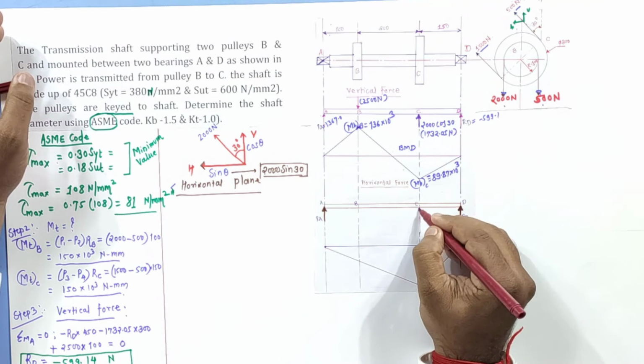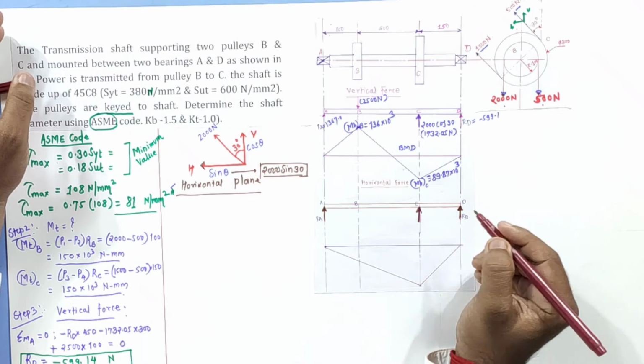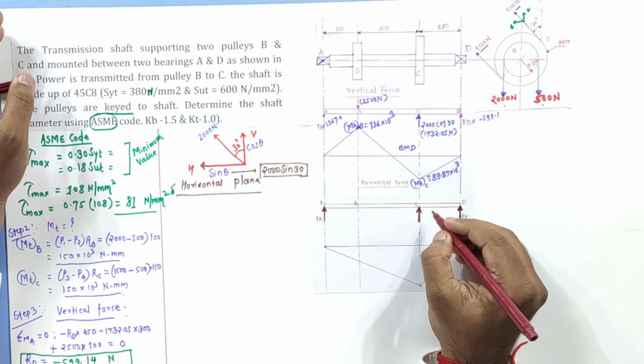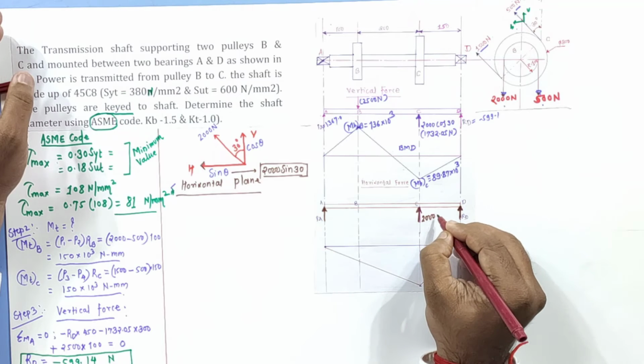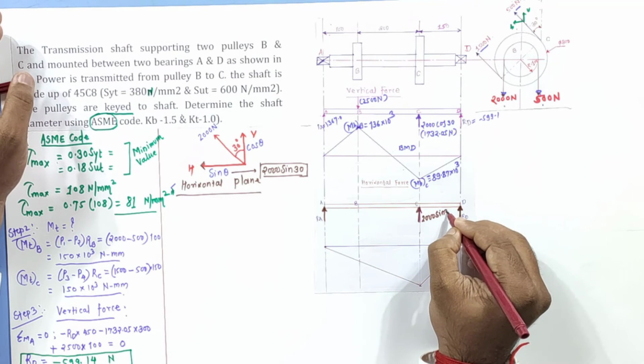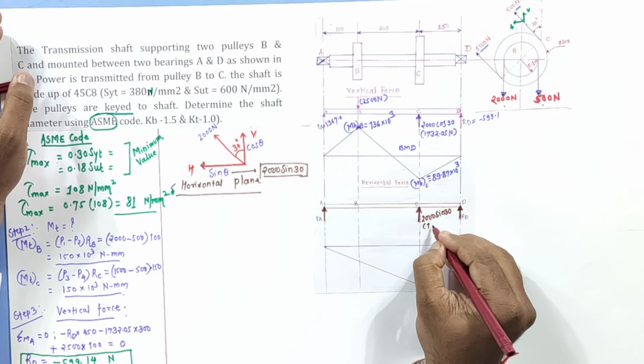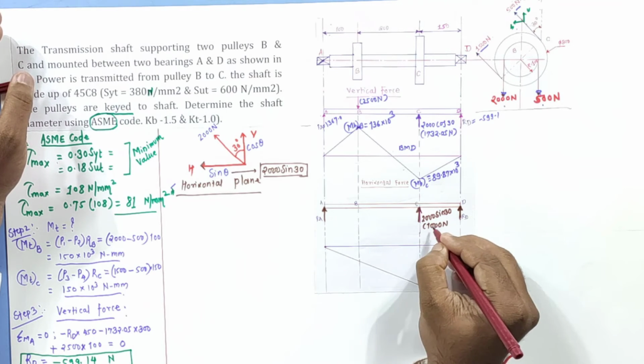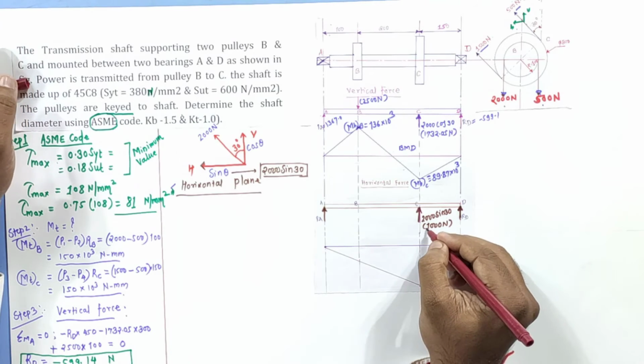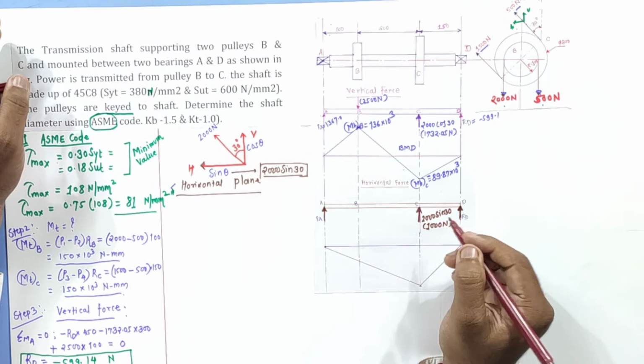I have taken it towards the top, that is the upward side. So I'll directly write 2000 sine of 30, and if we convert it, that will be 1000 Newton. Correct? So this will be the force.